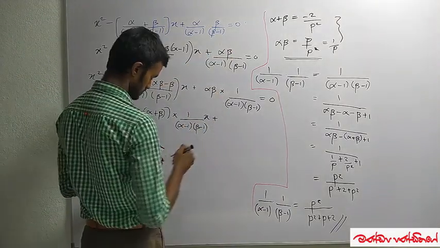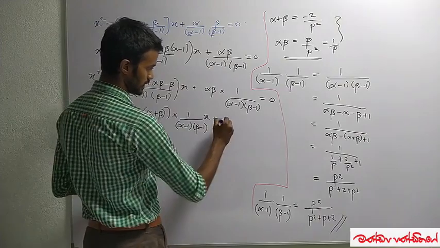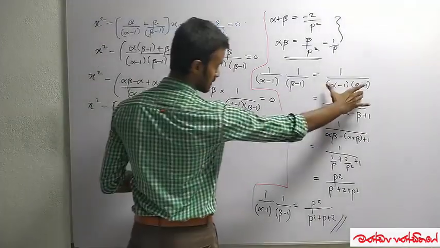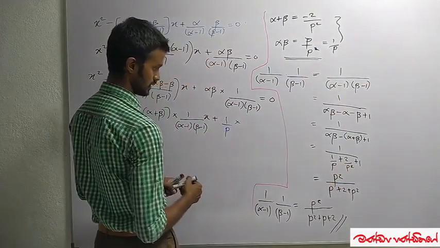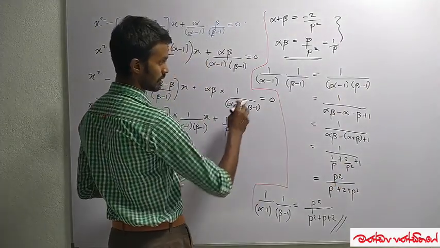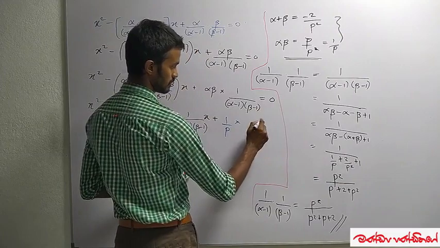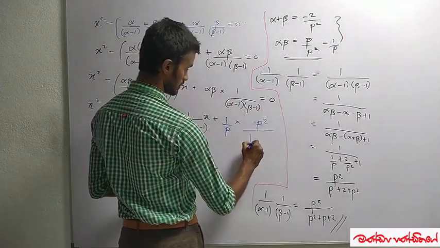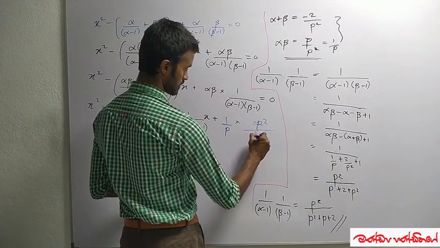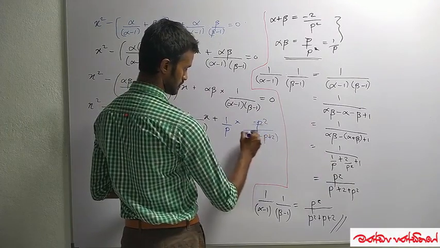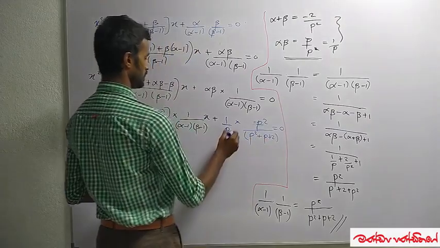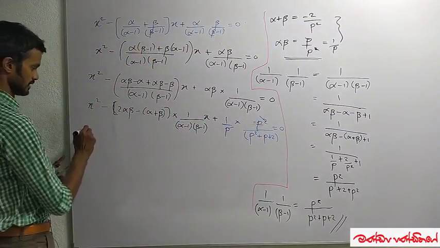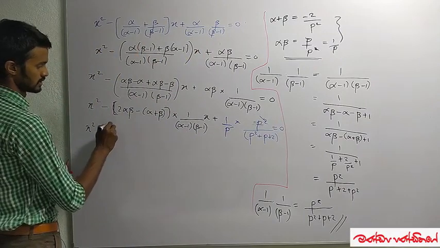Alpha beta is 1 over p, into 1 over alpha minus 1 beta minus 1, which is equal to p squared over p squared plus p plus 2 is equal to 0, and p cancels off.